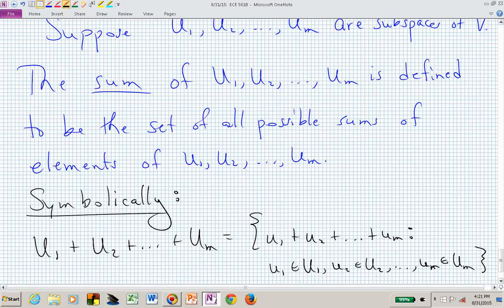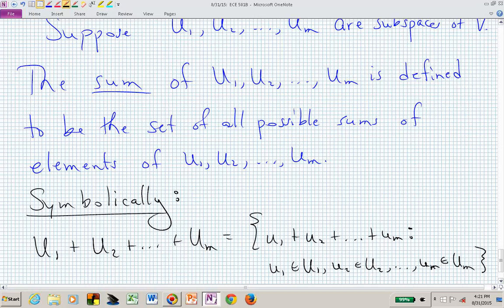We can take any vector in U1, for example, add that to any vector in subspace capital U sub 2, and that is what we mean by the sum of those M subspaces.